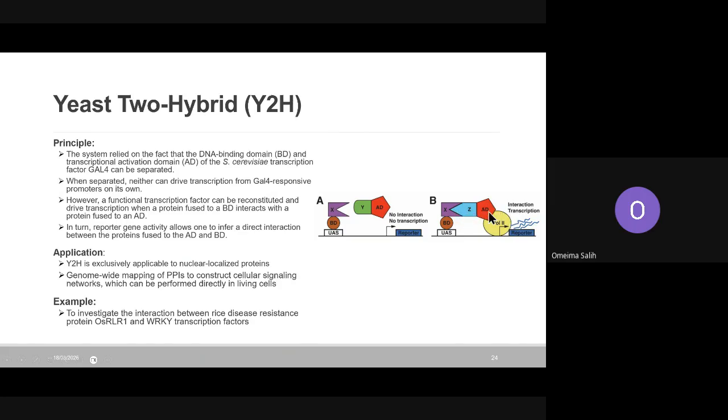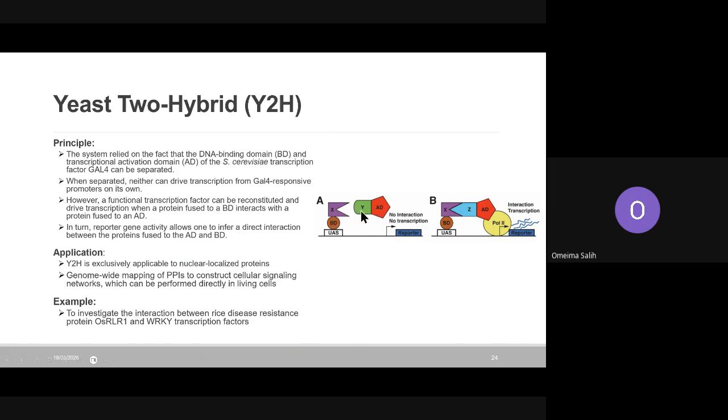So this type of interaction is important for activation of the polymerase. Like here in A, there is no interaction between protein X, Y, and AD, which constitutes the transcription machinery for the reporter gene to be transcribed.